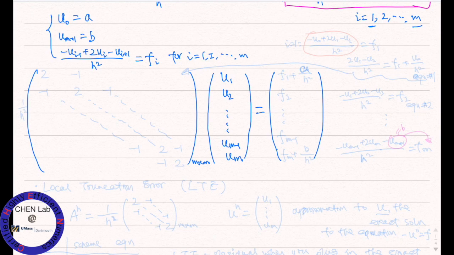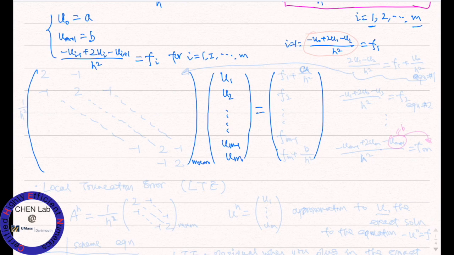So the first row corresponds to the first equation. When i is 1, this means that negative u0 plus 2u1 minus u2, divided by h squared, is equal to f1. Of course, we only have unknowns starting from u1.